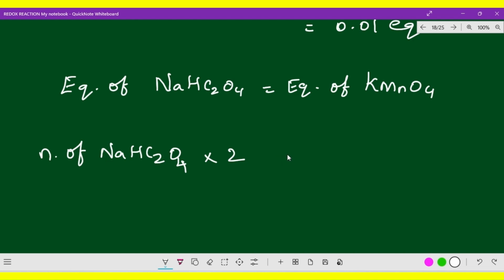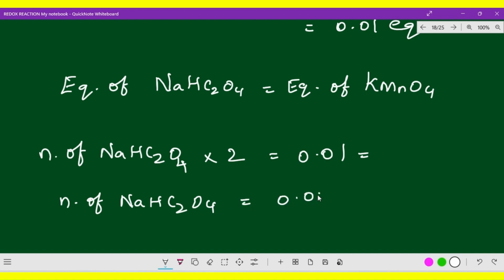That is equal to 0.01. Here we have identified now 0.01. So the number of moles of sodium bioxalate is 0.005 moles.